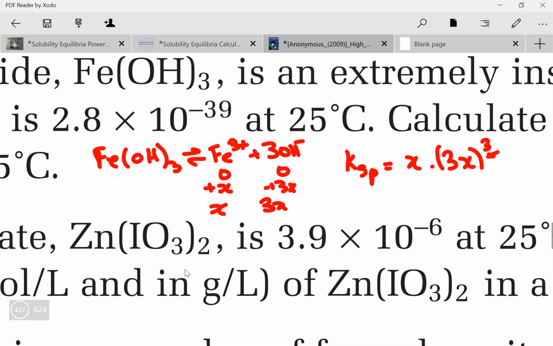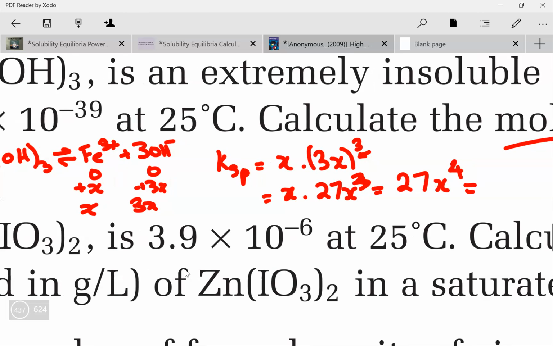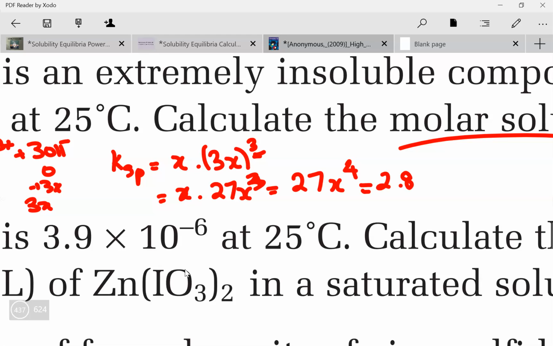Remember, it's cubed. 3 cubed is 27, so x times 27x cubed, which is 27x to the power of 4, which is equal to our KSP, 2.8 times 10 to the power of negative 39. So we do 2.8 times 10 to the power of negative 39 divided by 27, and then take the fourth root of that to give me an x value of 1.01 times 10 to the power of negative 10 moles per liter, molar. And that is my molar solubility.